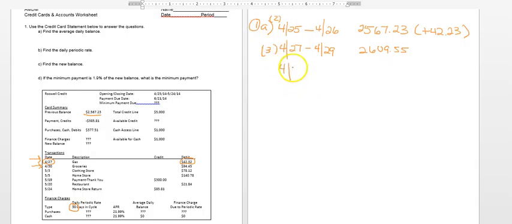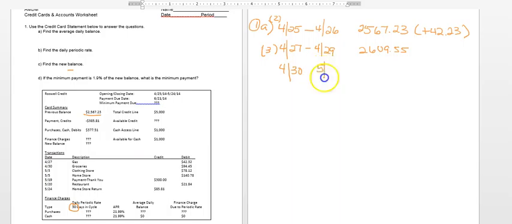Then on 4/30, go back to your statement here. On 4/30, you make another purchase, and that is going to extend your balance all the way until May 2nd, before your next purchase.